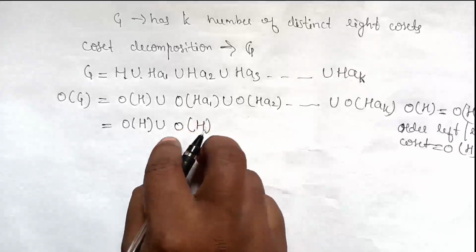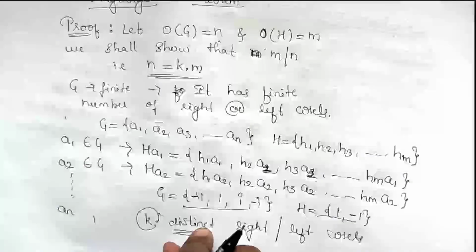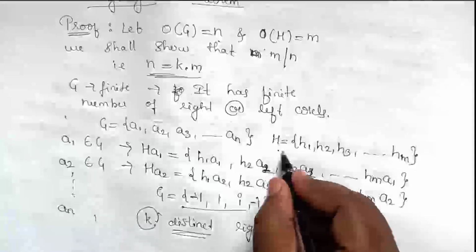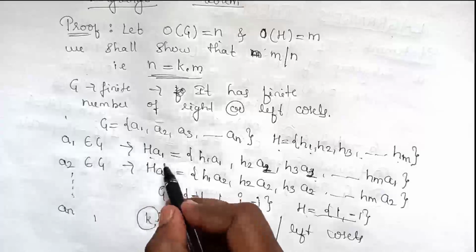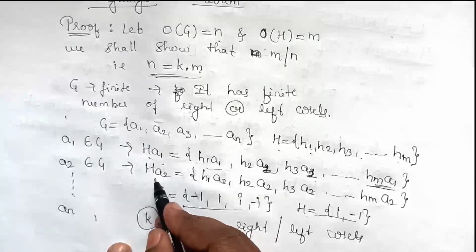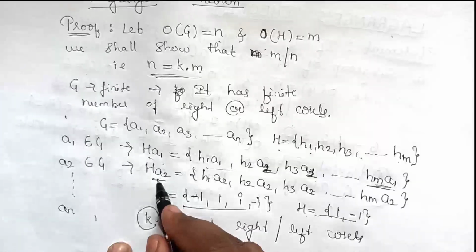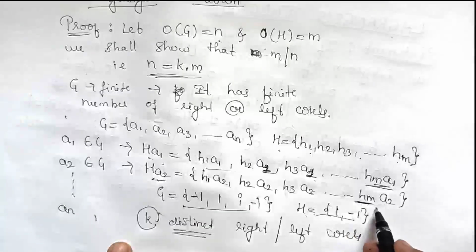This I explained in the last class. Once again, you see here H has a total of m elements, and Ha1 also has a total of m elements. Similarly Ha2, the second coset, also has m elements.